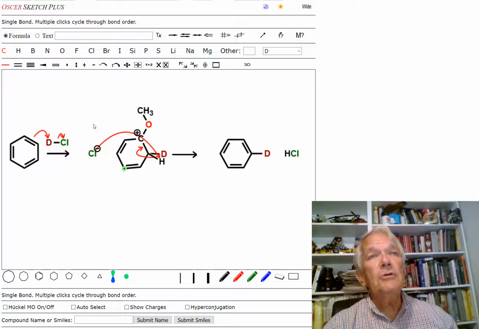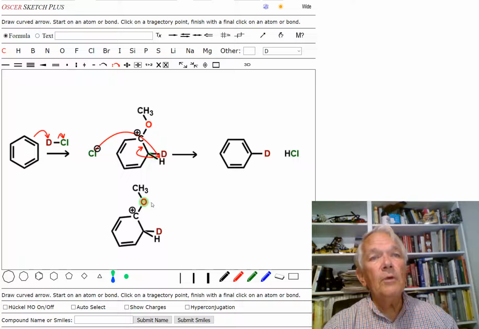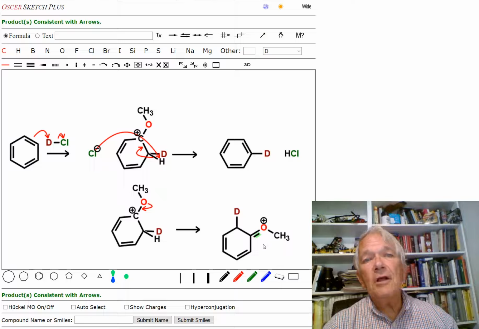And what you could do is draw a second resonance structure on that positive charge, which would involve bringing in one of the lone pairs like this, and then that resonance structure, if we draw that out, now we have the positive charge on oxygen. So this methoxy group could stabilize that positive charge.